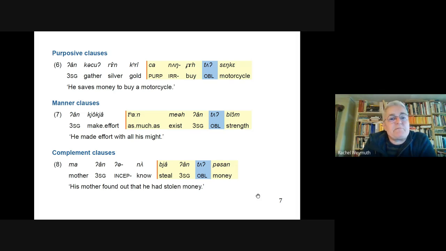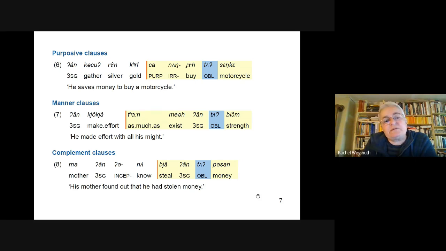The verb me has its basic meaning of exist, but it can also be used as a transitive verb with the meaning to have. This is a usual feature in Southeast Asia, also, for example, in Burmese and Thai and Shan. This is the same feature here. So here we have also ta in front of the direct object, strength.